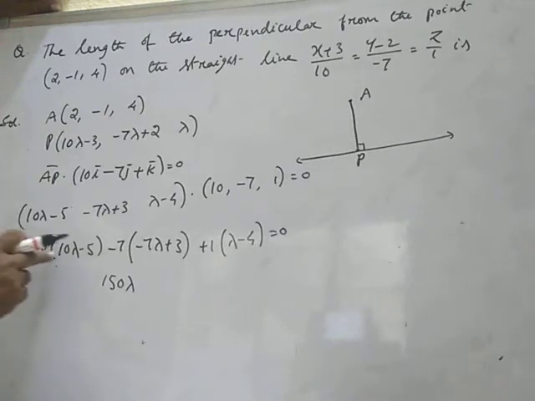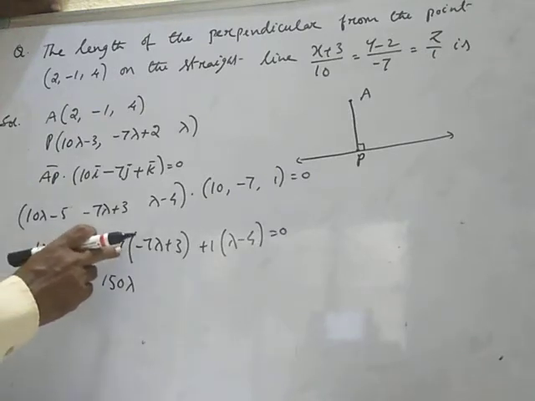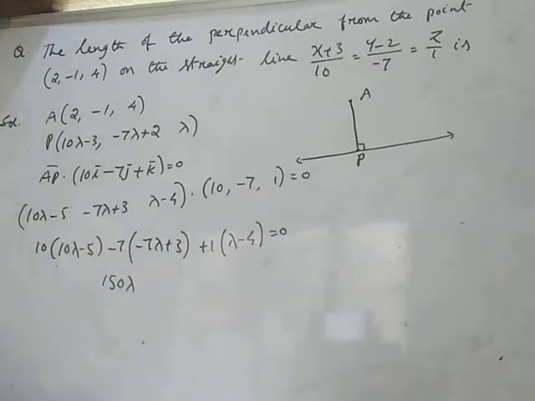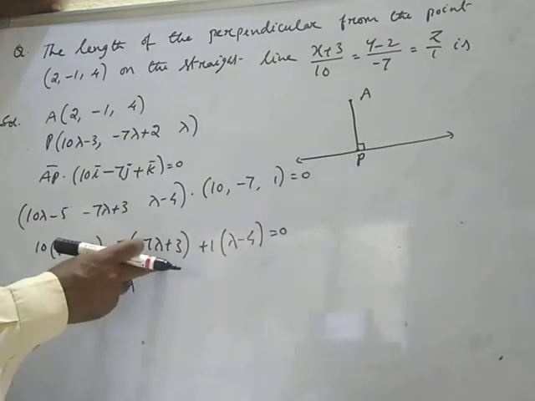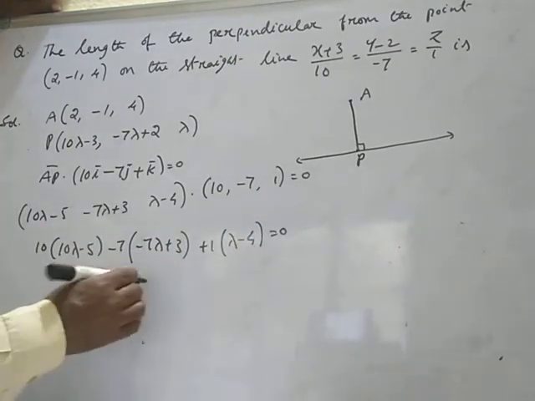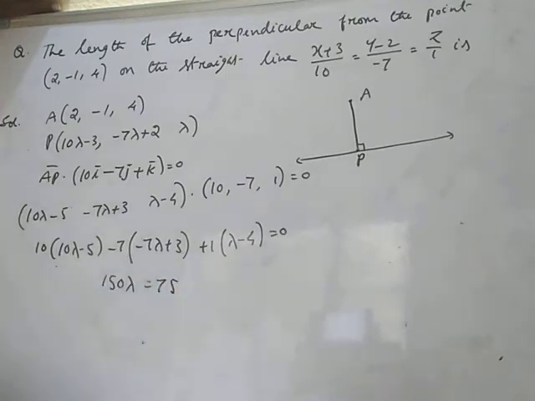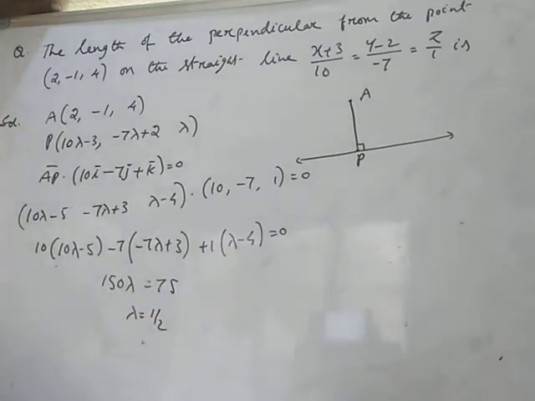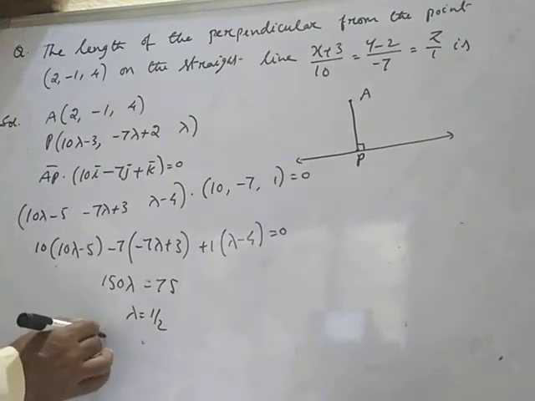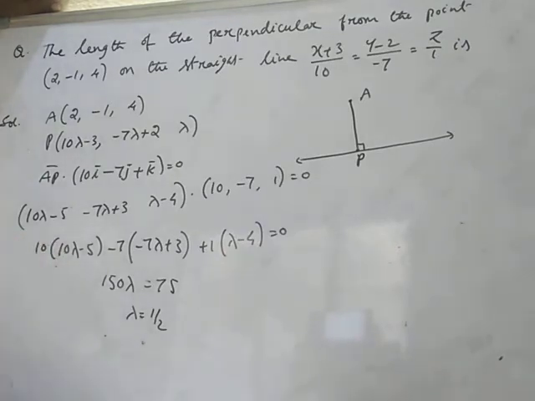Now the constants are minus 50, minus 21, minus 4, which is minus 75. That means 150 lambda is equal to 75. So we get lambda is equal to 1 by 2.